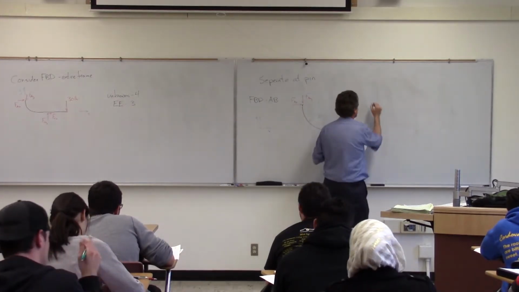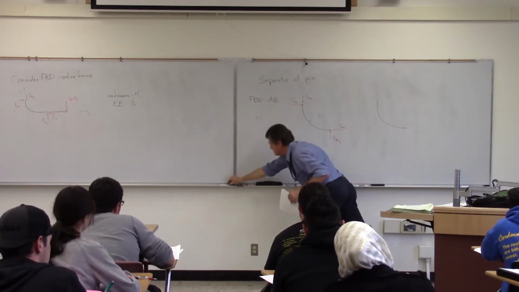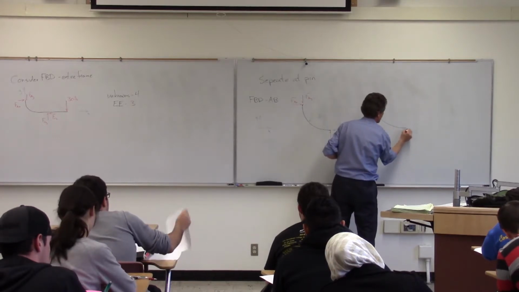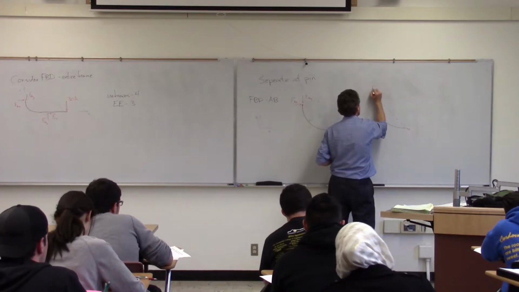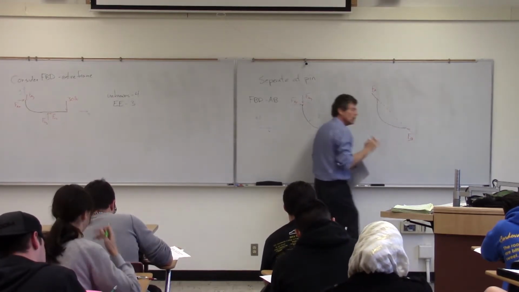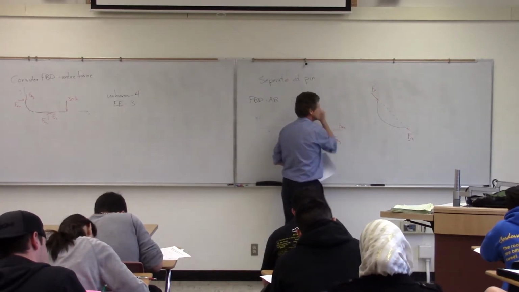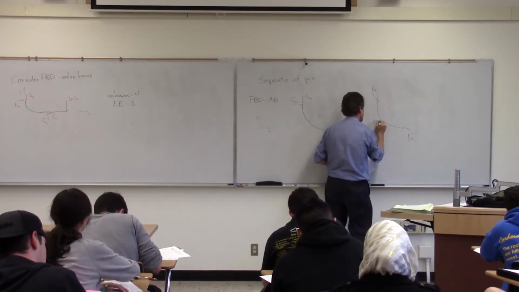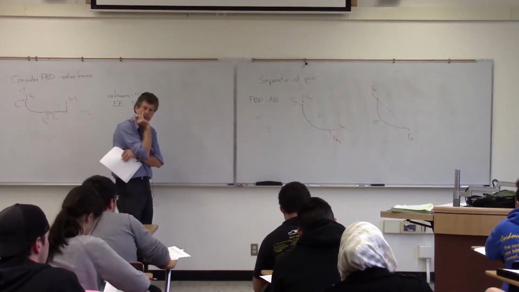So, we know that it's going to be acting at that angle there. And since this is a quarter circle there, I can even measure the angle from my axis system.